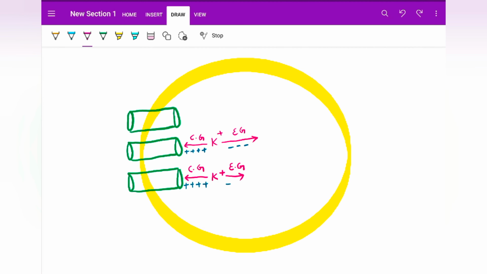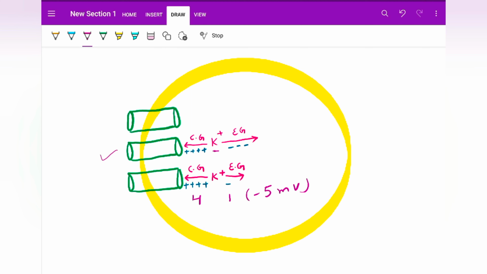Now next, let's just say the concentration gradient in the beginning was 4 and the electrical gradient was 1 due to minus 5 millivolt. Then as time passes, and this time is very small, also remember that there is a very little shift in potassium that occurs to produce a significant diffusion potential. Now, due to diffusion of this potassium outside through these potassium leaky channels, due to diffusion of these cations outwards, the cell is becoming more and more electronegative.